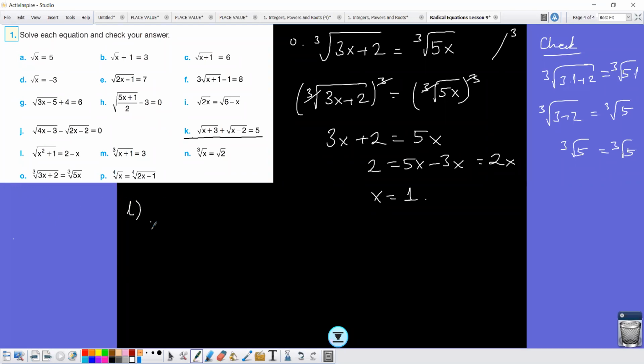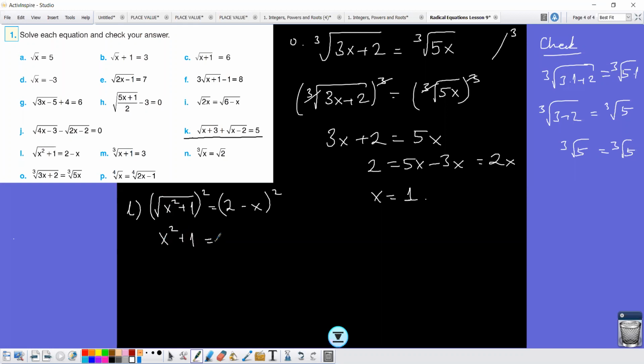Right. L. Writing, okay. x squared plus 1 is equal to 2 minus x. Teacher, now we square both sides. In the left side, we free it, which will be x to the power of 2 plus 1.